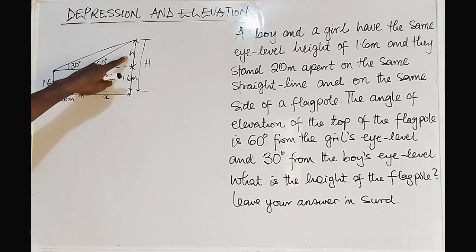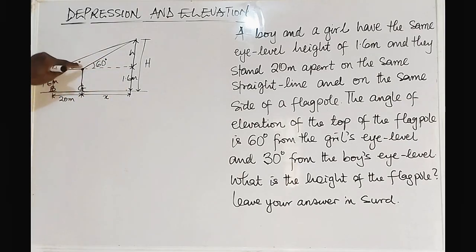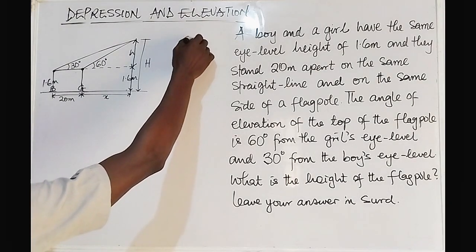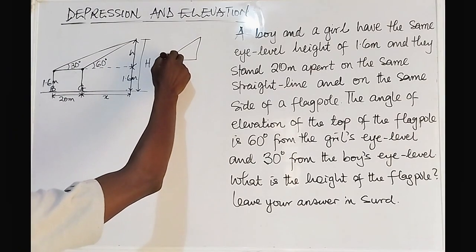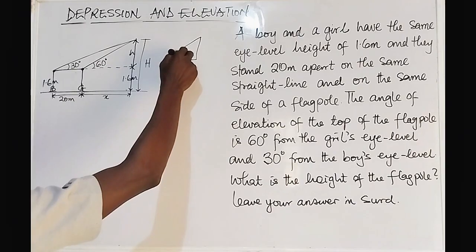You can see that h is a common height for the elevation of 30 degrees and 60 degrees. Since it's a common height, let me bring it out so that we get a good perspective on why we should do it the way we're about to do it.